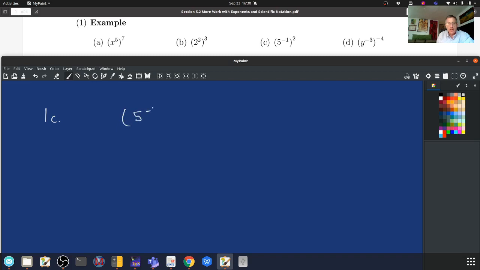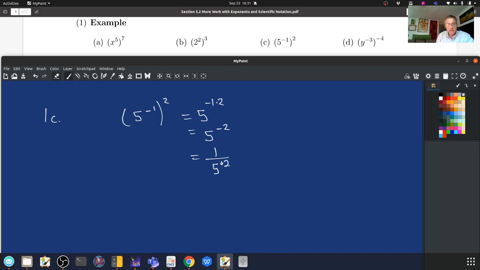5 to the minus 1 squared. It works. It doesn't matter that that's a negative. That's equal to 5 raised to the minus 1 times 2, which is equal to 5 to the minus 2. And if they want positive exponents, you would put the 5 to the minus 2 below, make it go across the division sign so that that 2 becomes a plus.